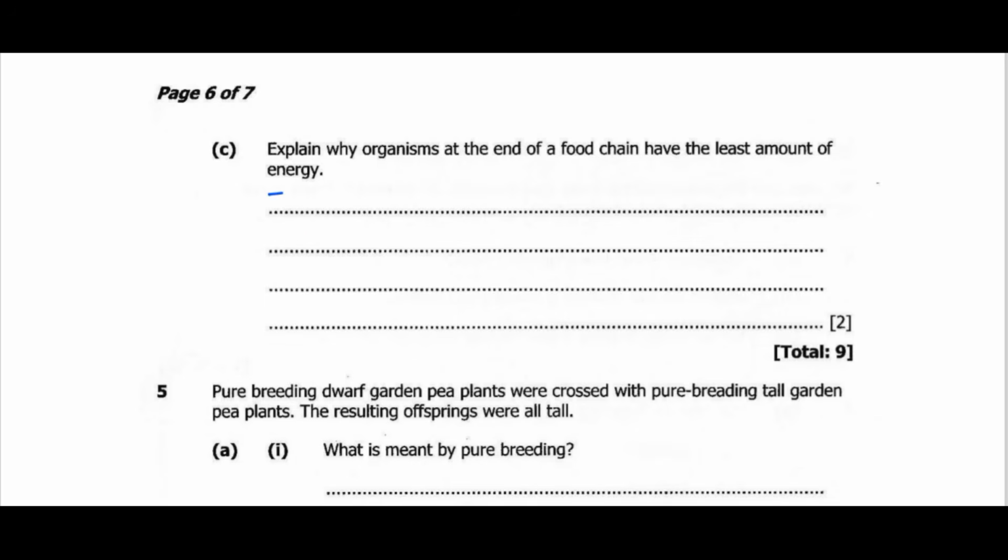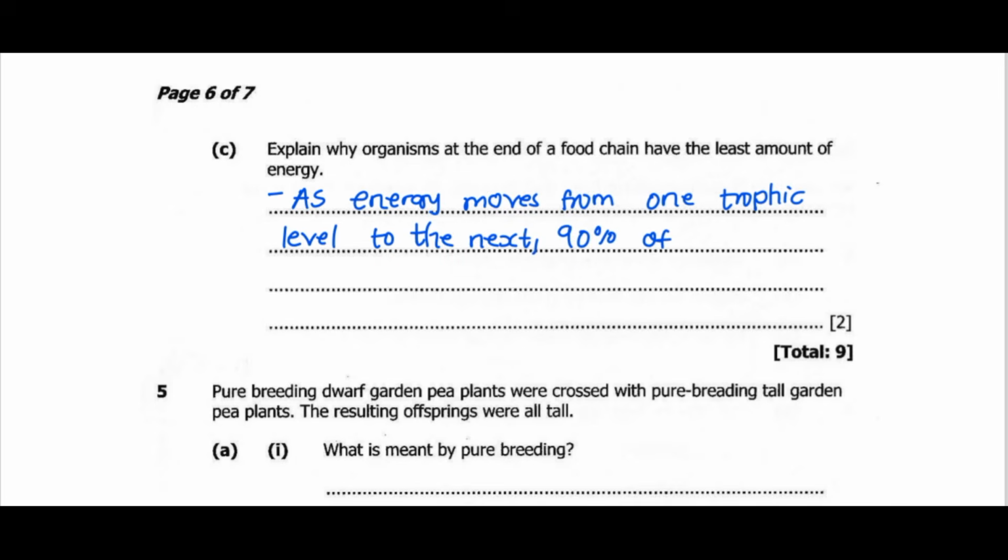So we'll say, as energy moves from one trophic level to the next, 90% of energy is lost. 90% of energy is lost through the processes of respiration. So during respiration, a certain amount of energy is lost.